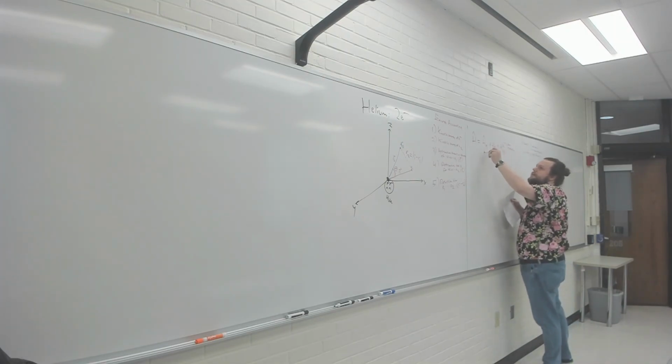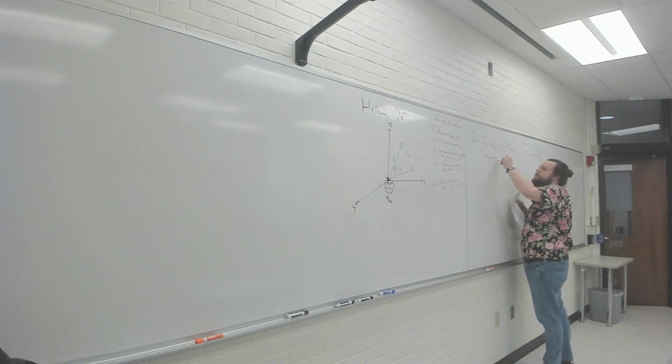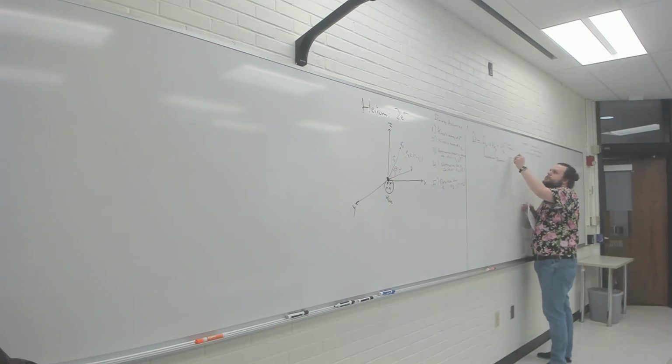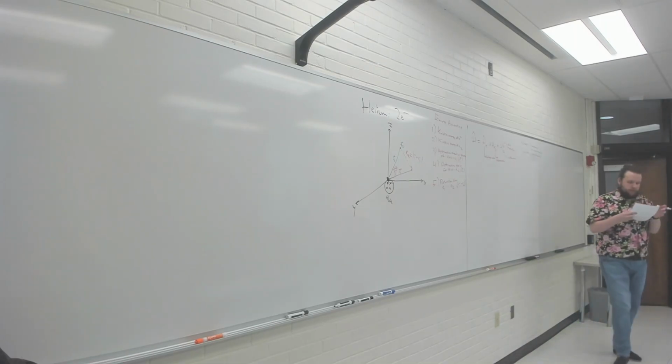These two look like hydrogen atom terms. I'll write them out more explicitly. And then we have this new term, which is due to the repulsion of the 2 electrons together.